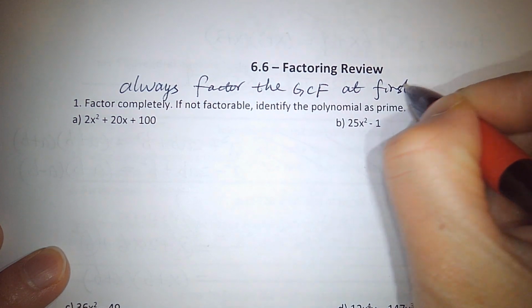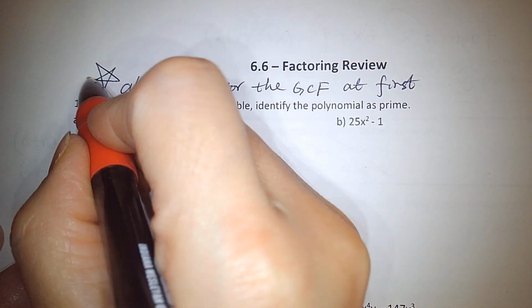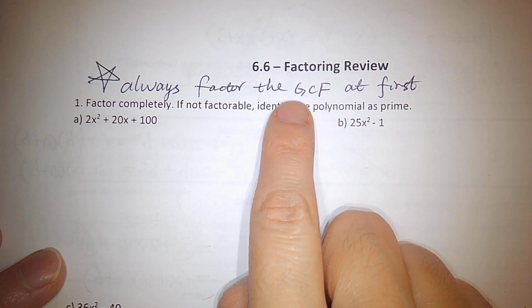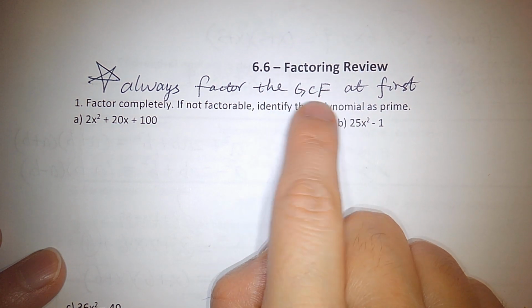If we have the GCF, always do this. This is the very basic step, the very first step for the factoring question. No matter if it is a binomial, trinomial, 4 terms, whatever, if there is a GCF, always factor out the GCF.